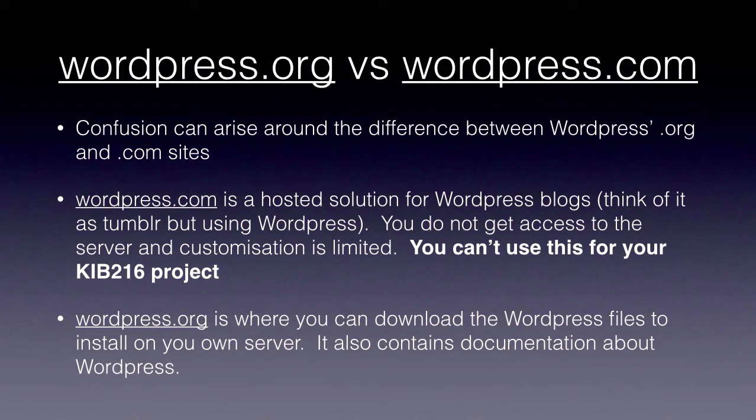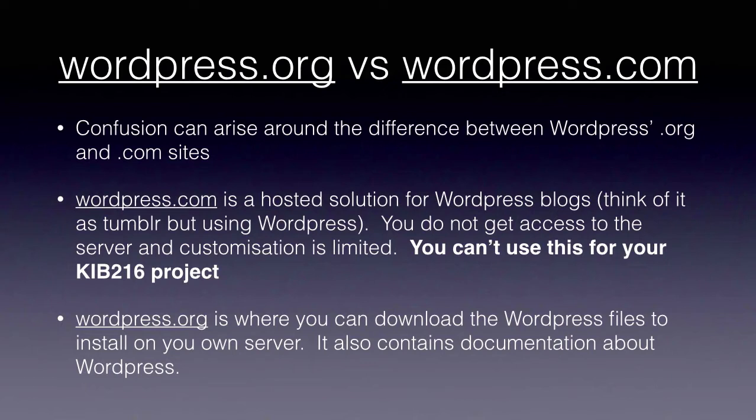Now I want to make a special mention of the difference between WordPress.org and WordPress.com, because a few people each time we run this unit get confused by this and end up buying a WordPress.com account, which you actually can't use for this unit. So the difference between these two: WordPress.com is a hosted solution for WordPress blogs.